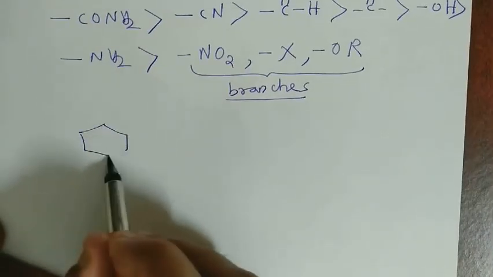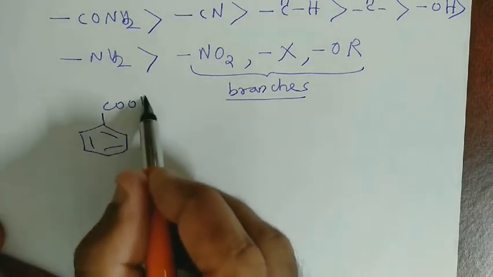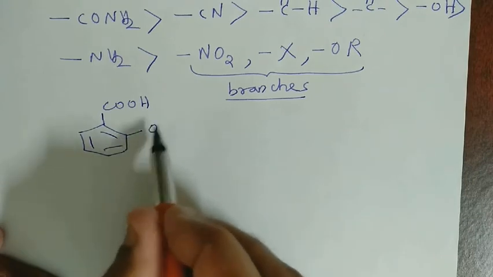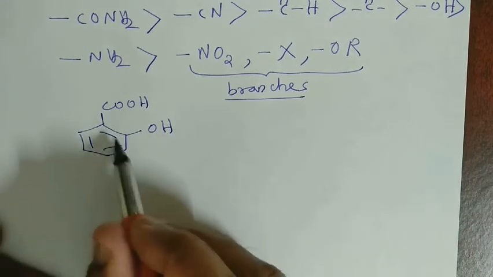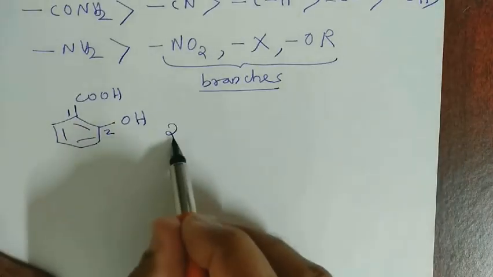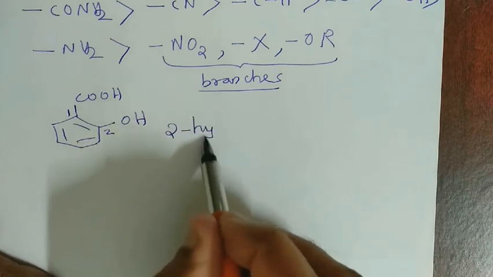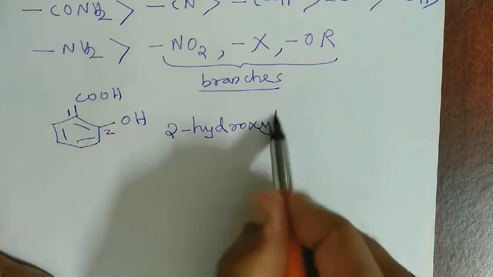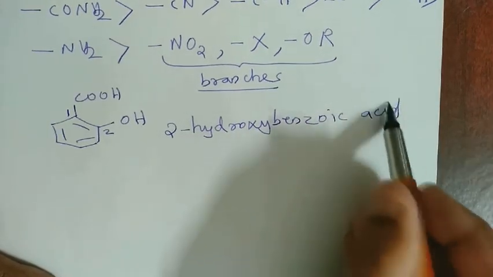For example, if a benzene ring is attached to one COOH group and one OH group, this compound is considered as a derivative of benzoic acid. So the compound is named as 2-hydroxybenzoic acid.